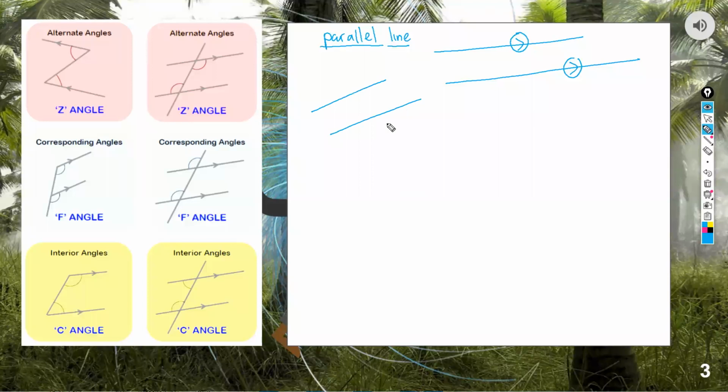He could draw the two lines and put the little arrows in them. Or he could physically write the word parallel. He could say in sentence form, hey, these two lines are parallel. But I'm hoping that you have a good examiner and he puts what? The two arrows to indicate that they are parallel.